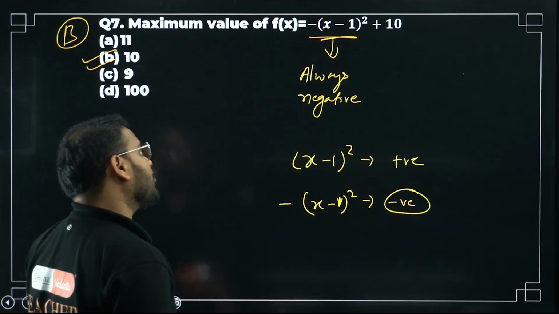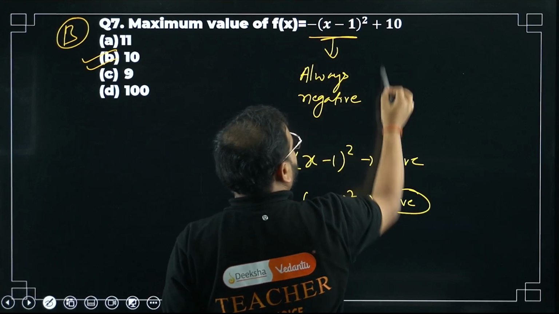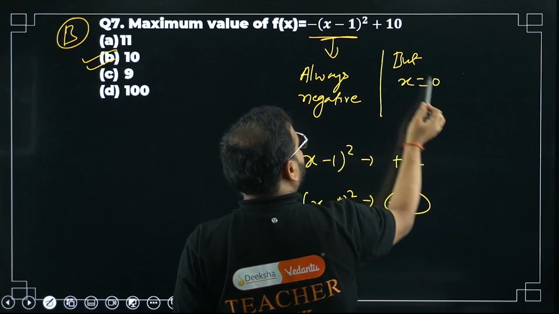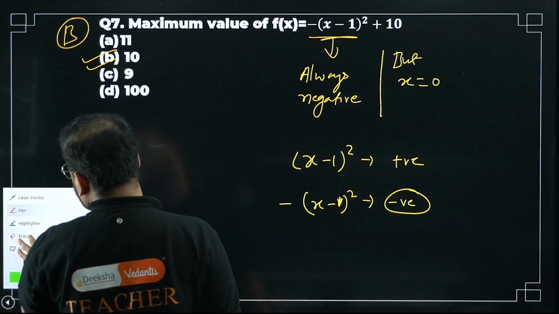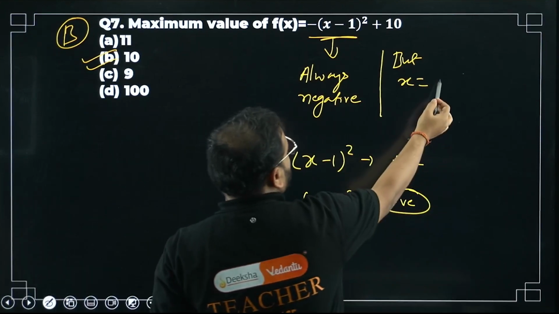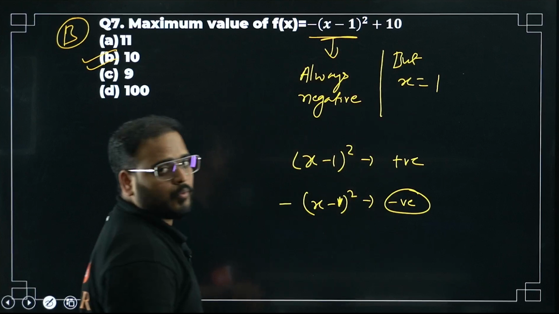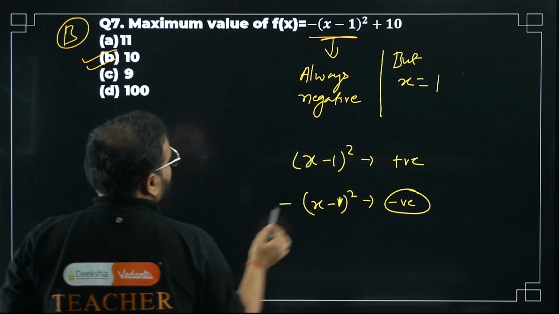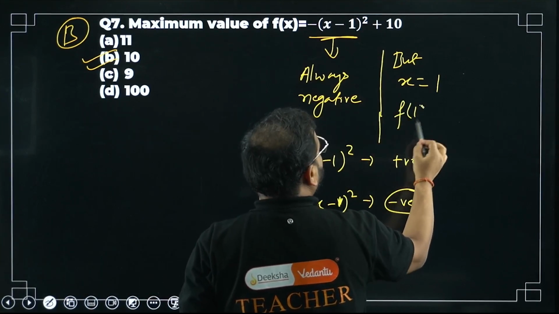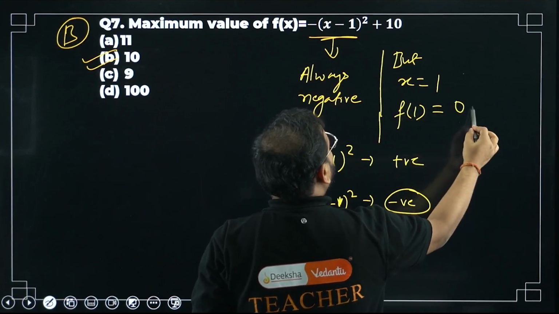But it can be 0 also when x is 1. When you take x as 1, it will become 1 minus 1, so 0. So at x equals 1, f of 1 will be 0 plus 10.